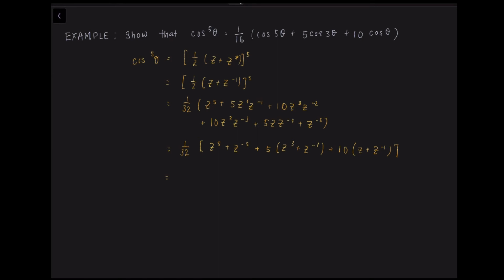And then now we are going to convert z to the power of 5 plus z to the power of negative 5 into 2 cos 5 theta, whereas z to the power of 3 plus z to the power of negative 3 is 2 cos 3 theta, and then 2 cos theta for the last one. And then we simplify this expression and we obtain the answer.